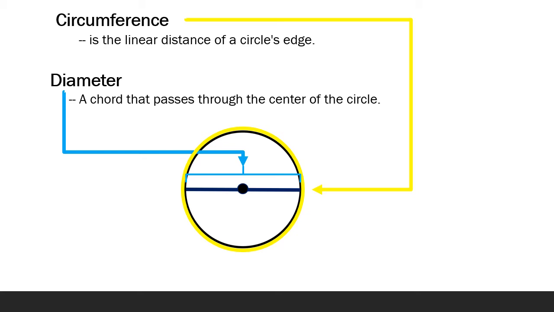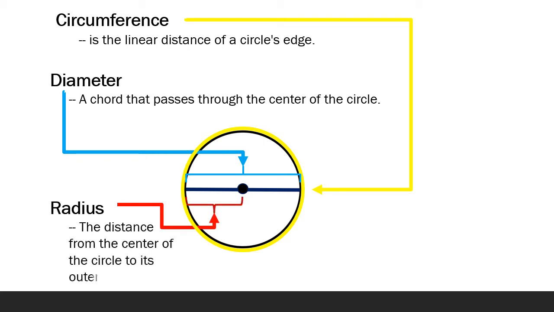We can have an infinite number of diameters in a circle. So what about the radius? The radius is half of a diameter. It is the distance from the center of the circle to its outer rim. It's just 1/2 of the diameter.